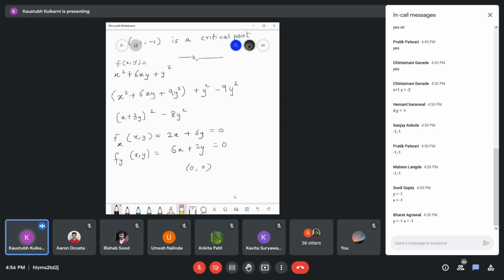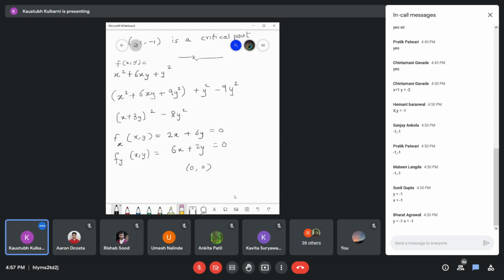You substitute minus 3x over here, then it becomes minus 16x equal to 0, but ultimately 0 comma 0 is the critical point. If you substitute y equal to 1 over here, there are multiple solutions to this. There are multiple critical points in this case.